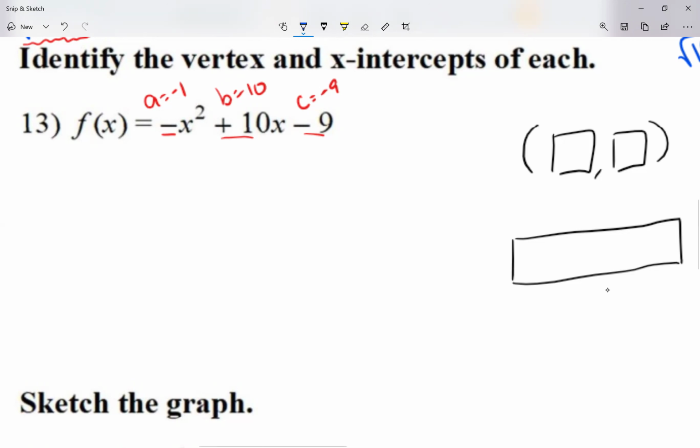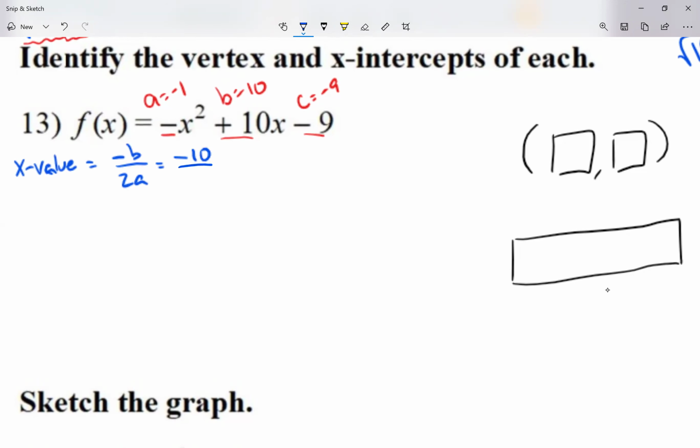The way I'm going to find the x value of the vertex, and let me emphasize, this is the x value of my vertex, I'm going to have -b over 2 times a. So in this case, I have -10 over -2.